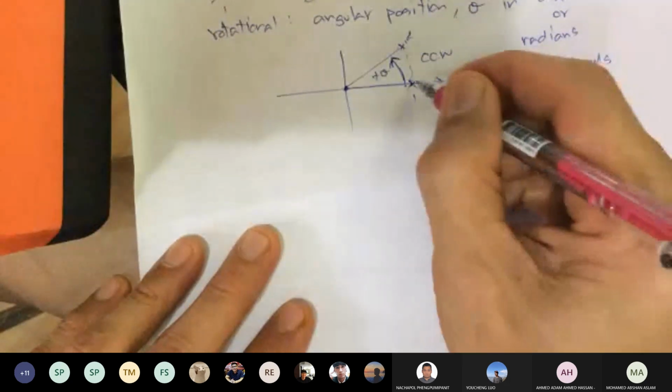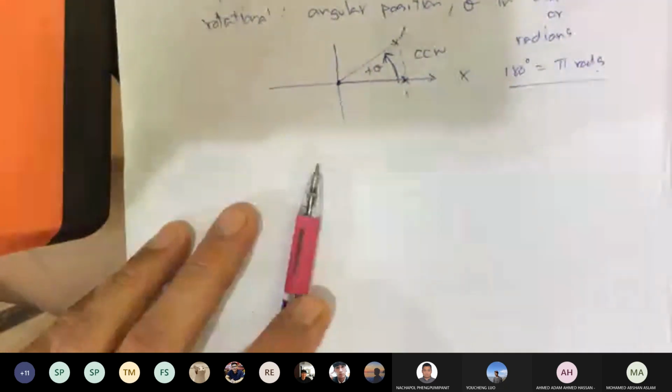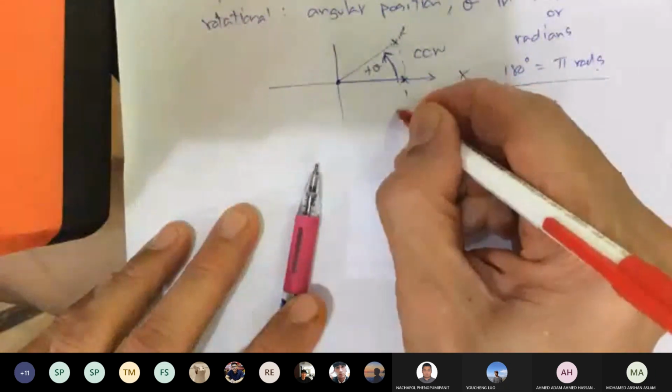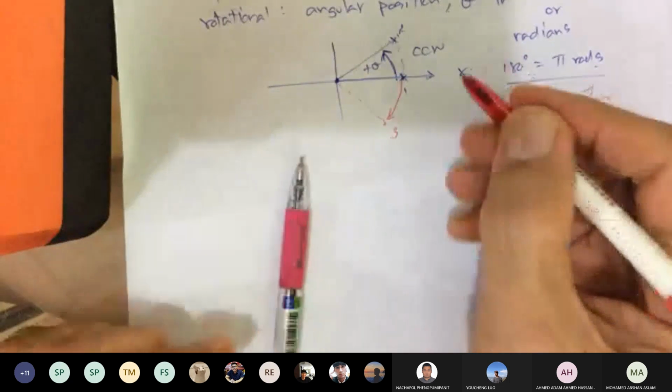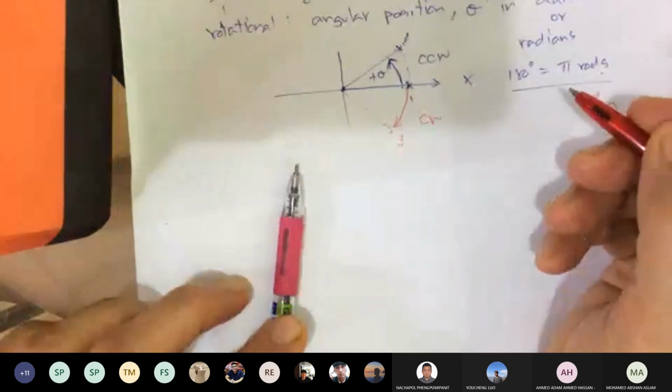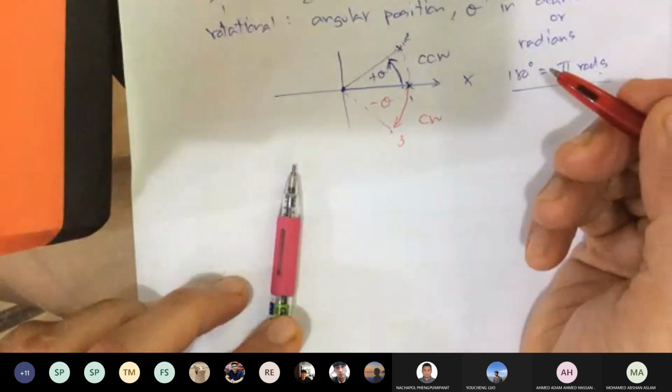But if I'm moving from point 1 down right here to point 3, I'm moving in the clockwise direction. I'm calling this negative theta.